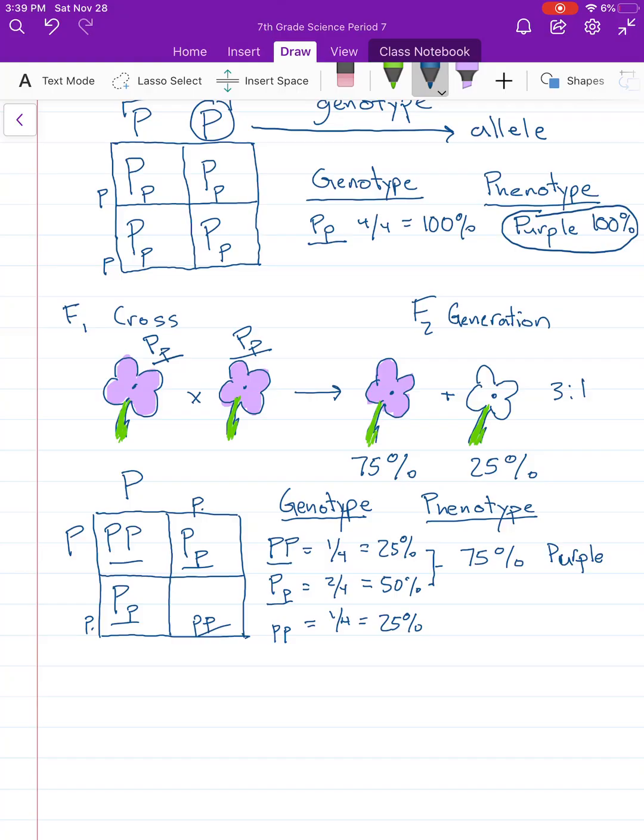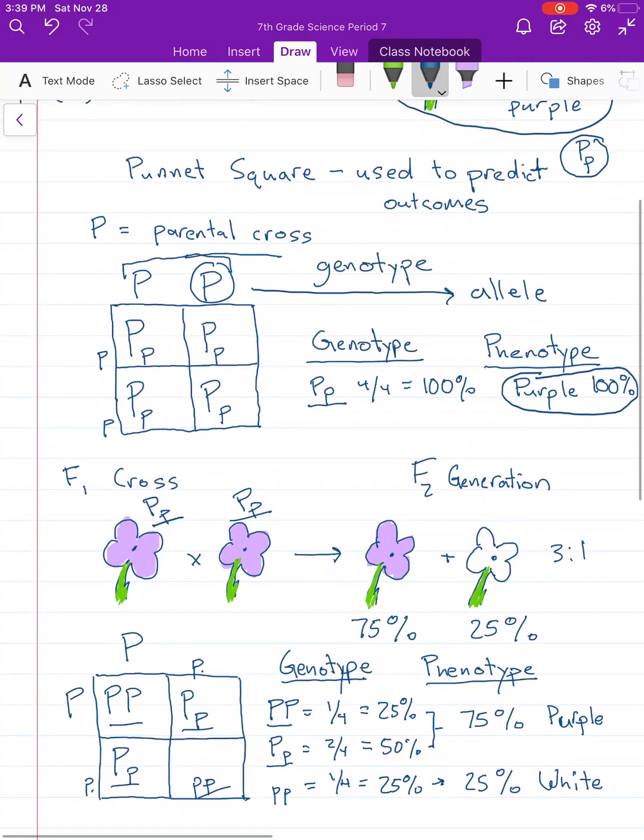Okay, 3/4 of our plants have purple flowers in an F1 cross, demonstrated by the F2 generation, and our remaining quarter is 25% white that exhibit both recessive alleles.